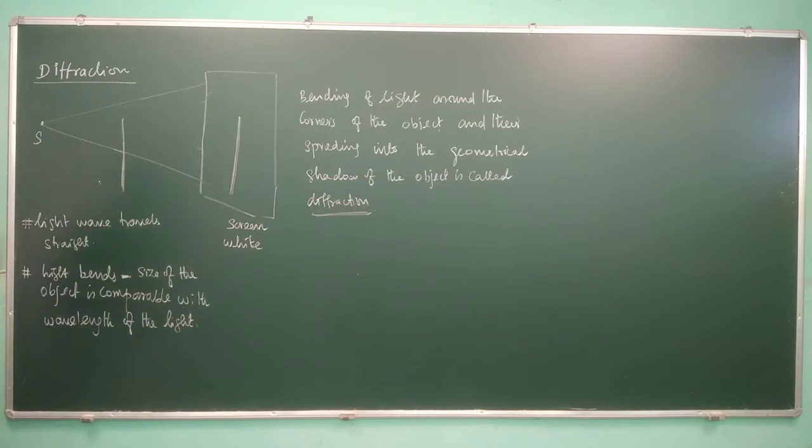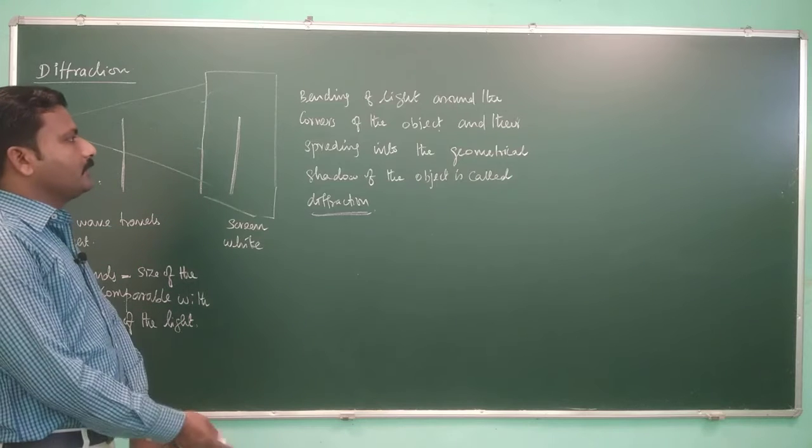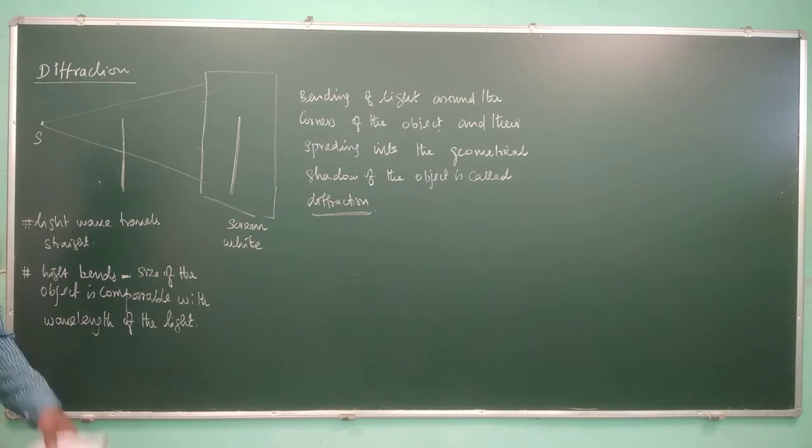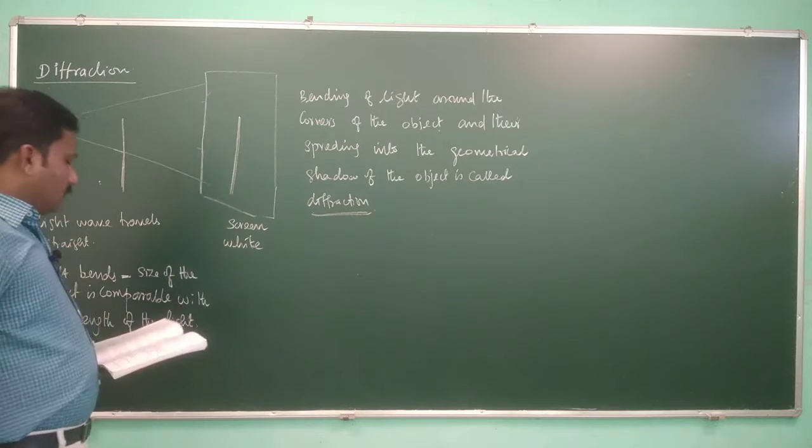Bending of light around the corners of the object and its spreading into the geometrical shadow of the object is called diffraction. Fine.